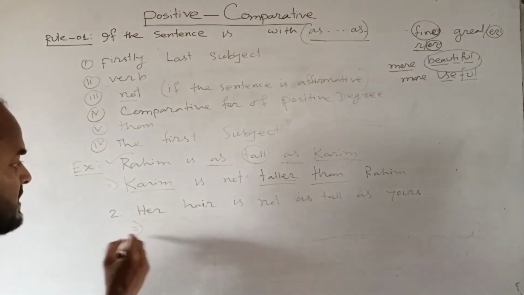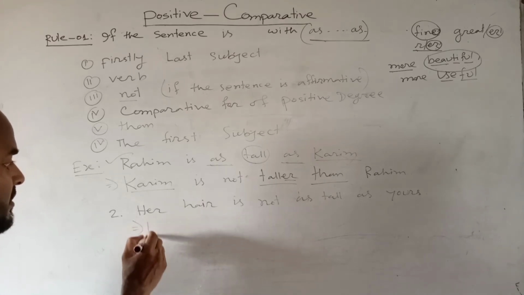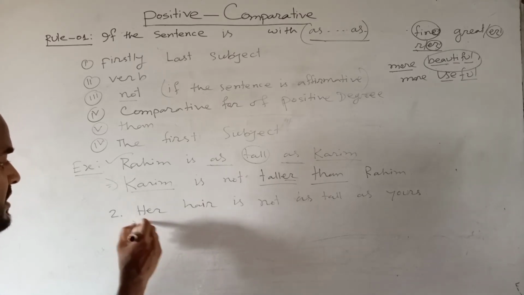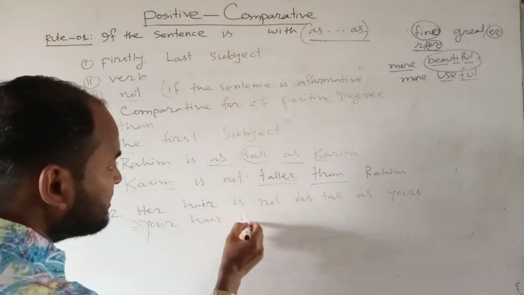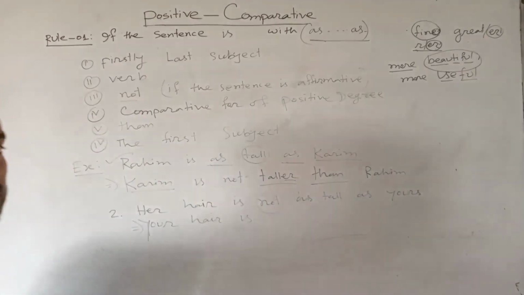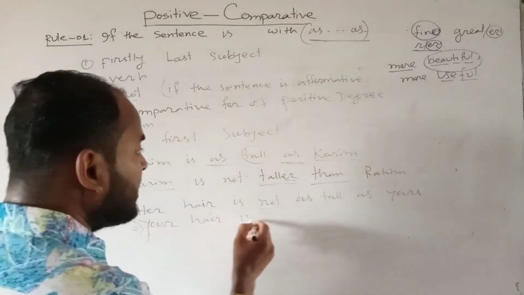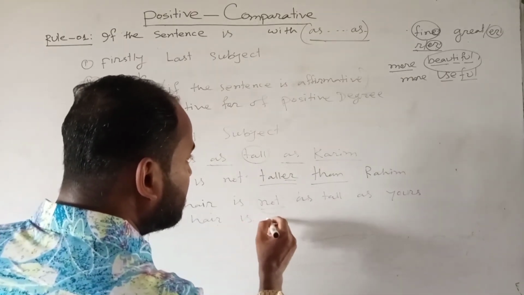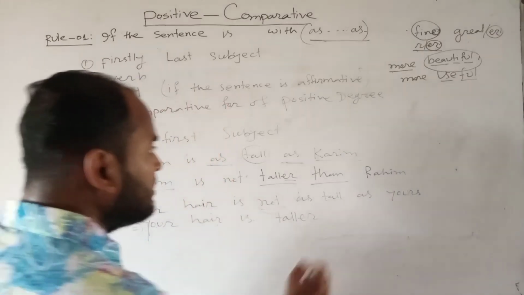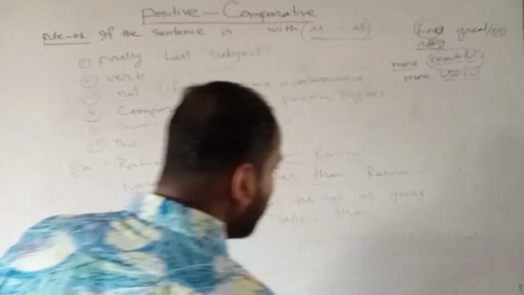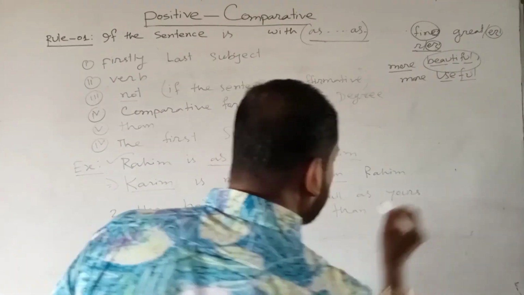Okay, my dear learners, first the last subject: your hair is. We have to omit "not" because the sentence is in negative form. Your hair is, then the comparative form of the positive degree. Then we have to write "than." Lastly, the first subject.